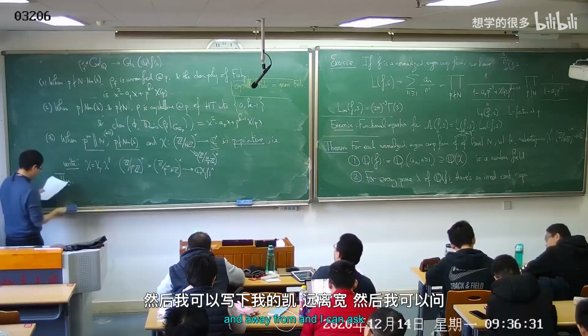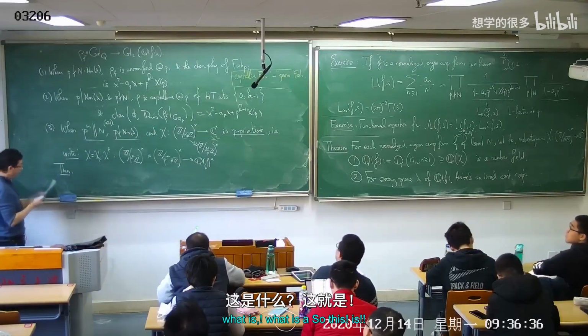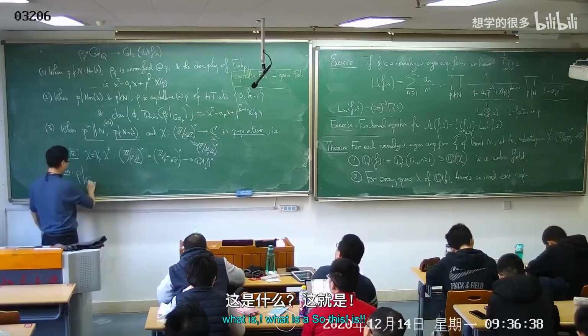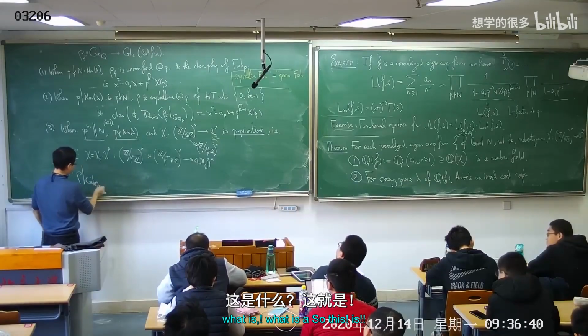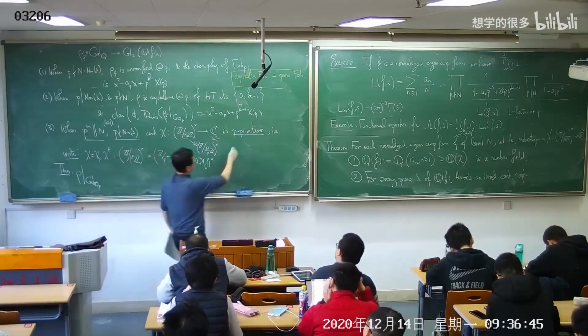Then I can ask what is the restriction to G_Q_p. My description only works when chi is p-primitive.